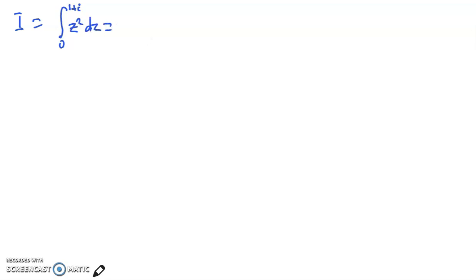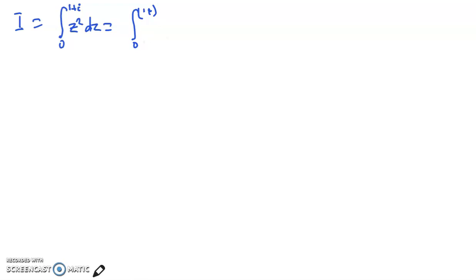Another way of representing this will be the integral from 0. Since this is 1 plus i, this means that the x value is 1 and the y value is 1. So this is simply (1, 1).